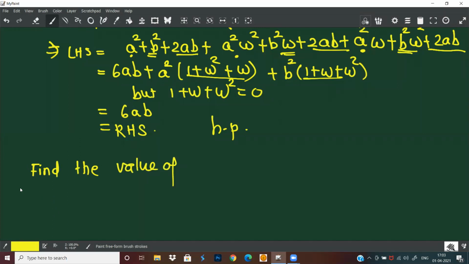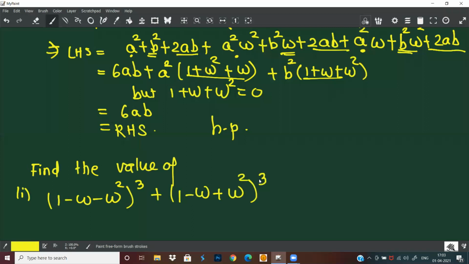Find the value of this. You have to just find the value of this.